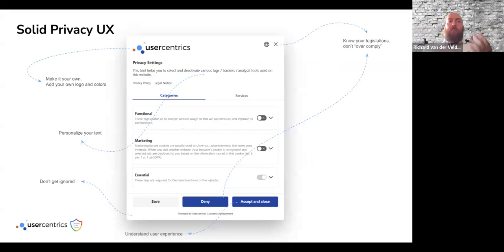So to get back to the UX, what you basically want to do is make it seamless. It has to look like your website. The reason for that is because you want the trust in your company to be the only factor. If you put in a banner that is completely different, then first the customer has to trust you, but they also have to trust us.